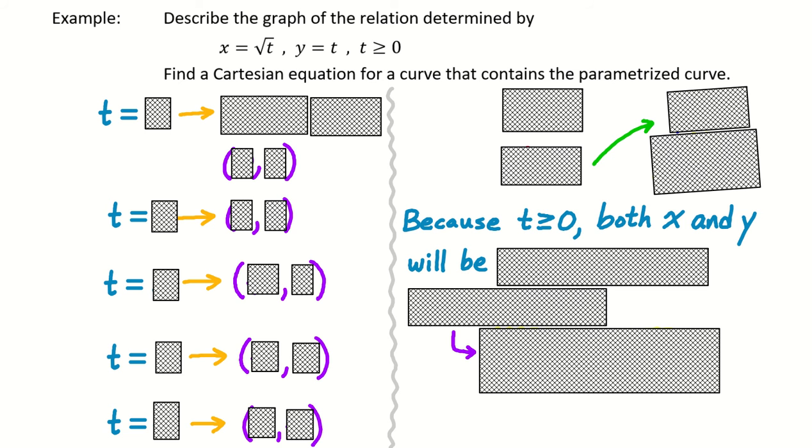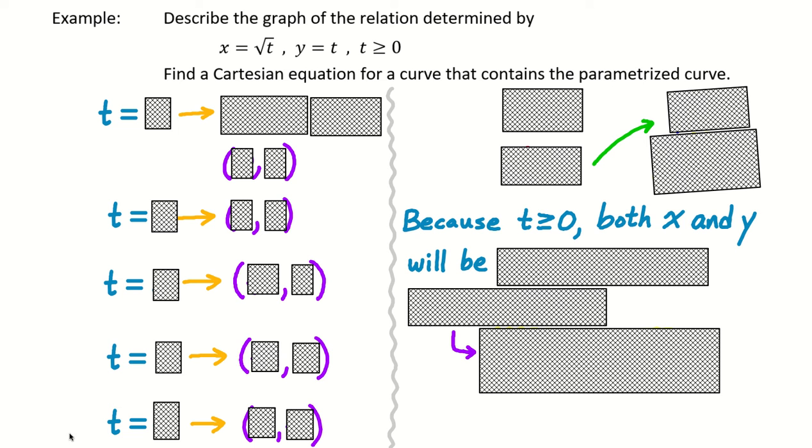So here we go. Example problem already. Describe the graph of the relation determined by these parametric equations. And this is the interval of t values that we're working with.